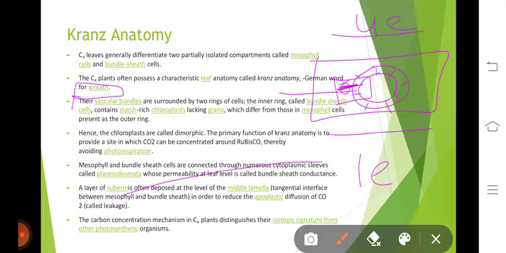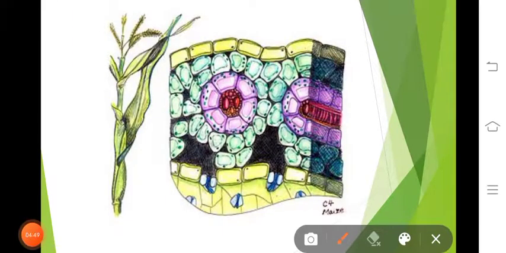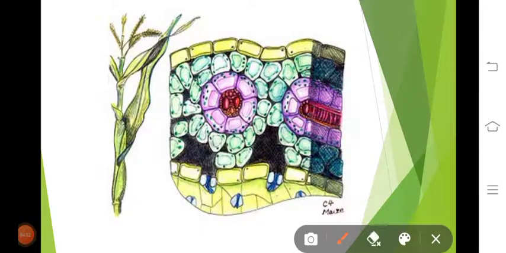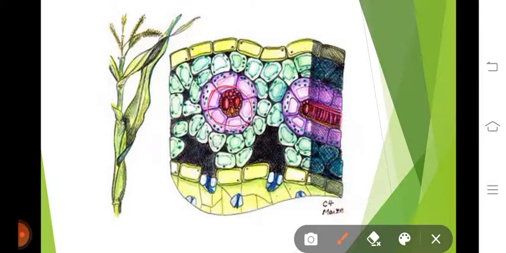If you see the diagram now, this is how the anatomy looks. Bundle sheath cells. The bundle sheath surrounds the xylem and phloem in the center, and it has agranal chloroplasts, surrounded by the mesophyll cells which have granal chloroplasts.